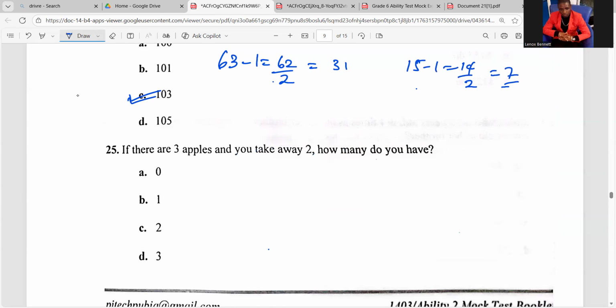All right, if there are 3 apples and you take away 2, how many do you have? I know that question. If there are 3 apples and you take away 2, how many do you have?